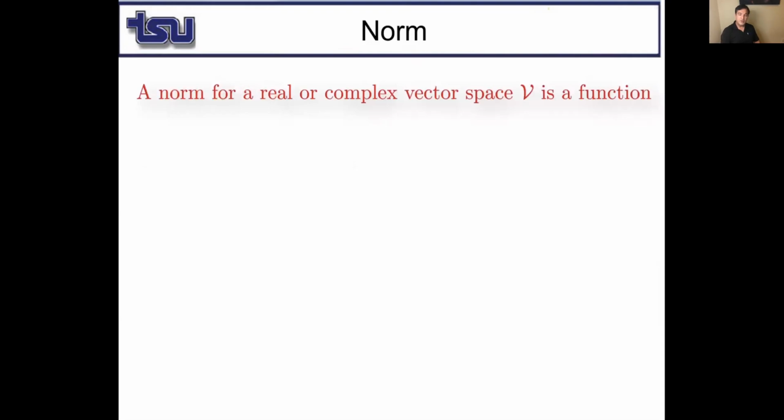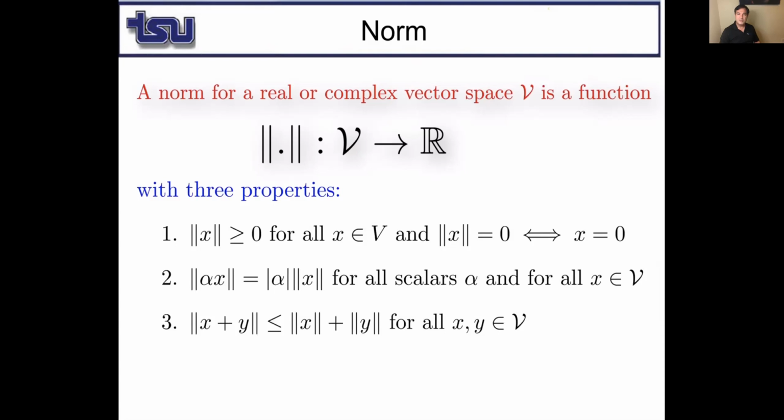So we are going to define a norm for vector spaces. A norm for a vector space V is a function. Well, length is a real number. So a norm will take an element of vector space V and take it to the real numbers. And it has three properties, just like the properties of length. Norm is bigger than or equal to 0 for any element of vector space V. And the norm is 0 if and only if the vector is 0.